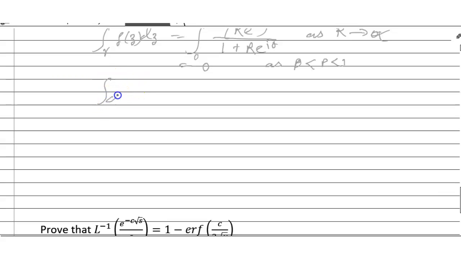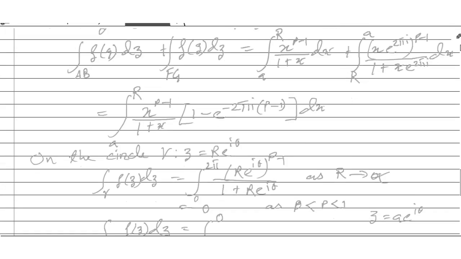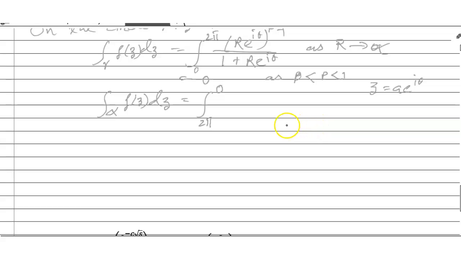And similarly on alpha, the integral over alpha of f(z) dz is the integral from 0 to 2 pi, as z equals a times e to the power i theta, because you must remember that the radius of the small circle is a, so a e to the power i theta to the power p minus 1 divided by 1 plus a e to the power i theta, times i a e to the power i theta.